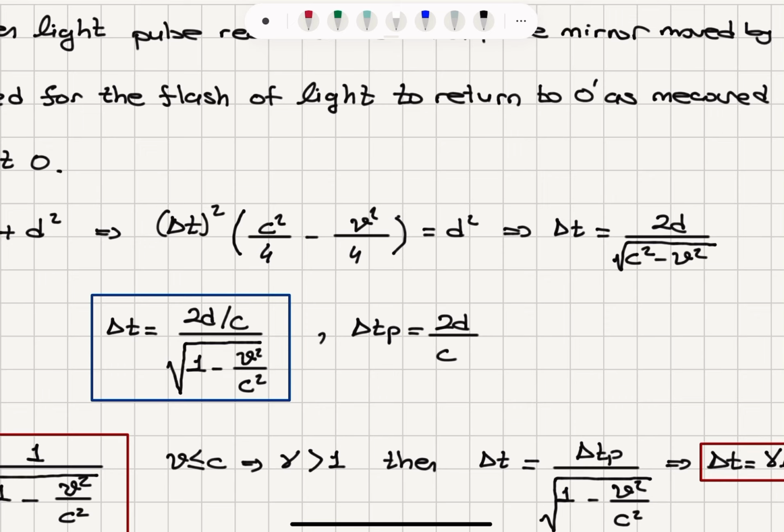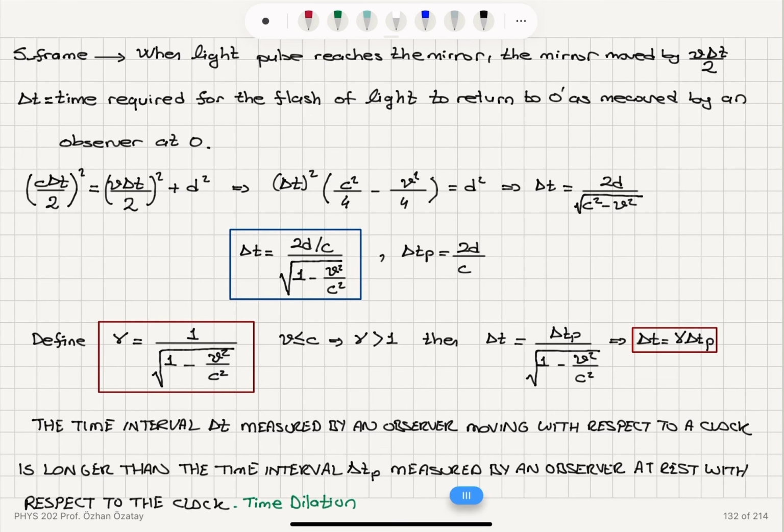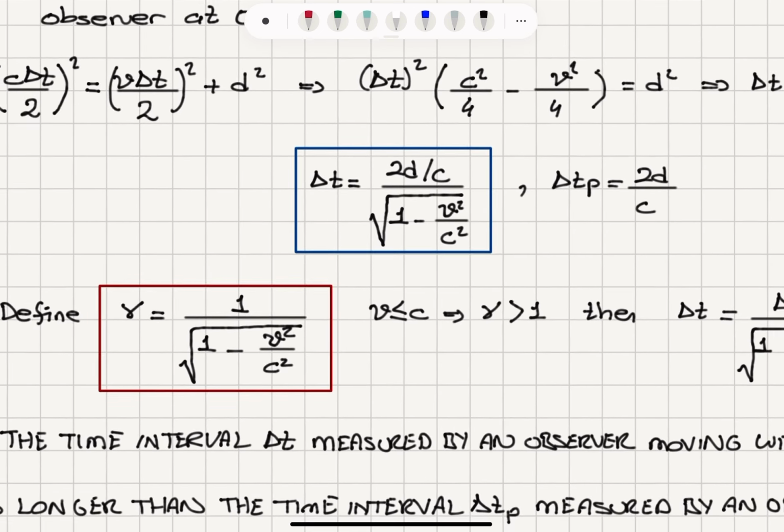So you see, for the total travel time of the light pulse, the S prime observer measures 2d over c, and the S observer measures 2d over c divided by the square root of 1 minus v squared over c squared. So this correction factor, in going from the S prime reference frame to the S reference frame, is the relativistic correction factor.